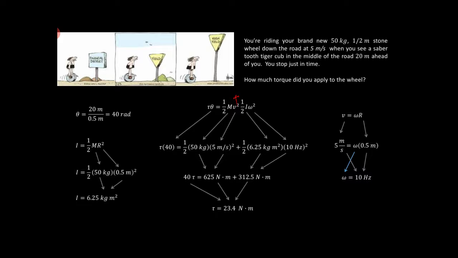Okay, so that's about it. What we looked at here is when we're using this definition, we have to find the amount of angle that a point on the wheel traveled over the distance, 20 meters, over the stop.